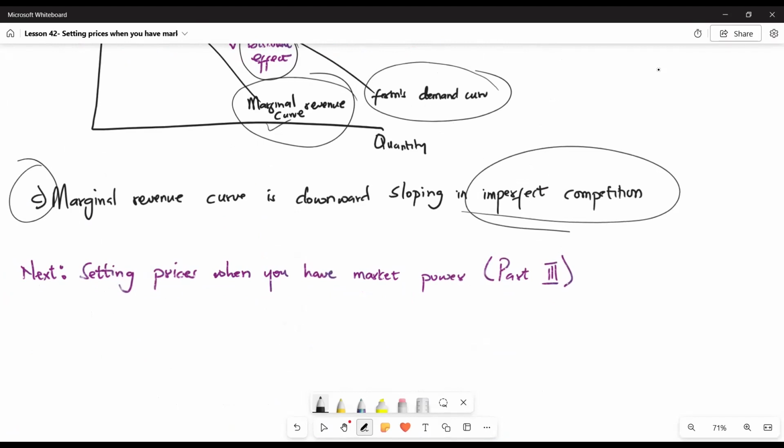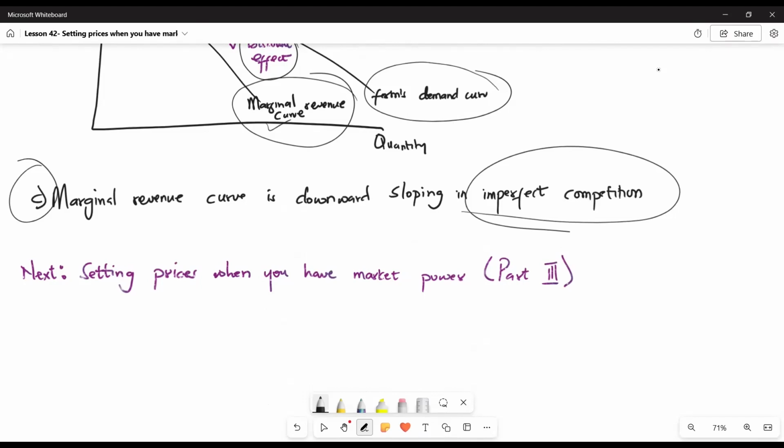So in this case, there are few competitors and also firms sell somewhat differentiated products. And we've seen in the first part of this lesson that in imperfect competition, firms have some degree of market power. Raising their prices will lead to a loss of customers, but not all of them. So this results in a negative slope of the marginal revenue curve.